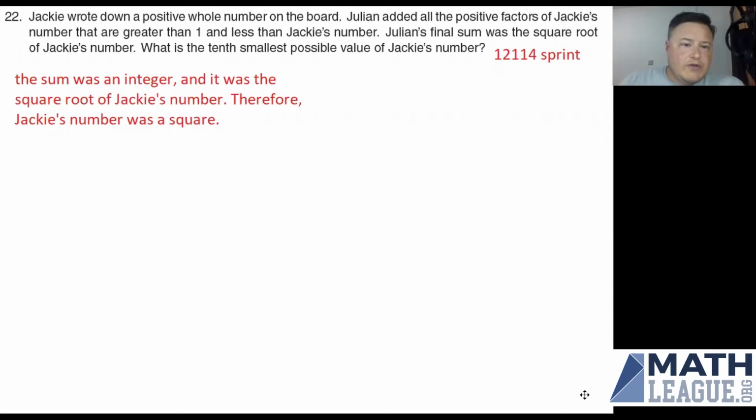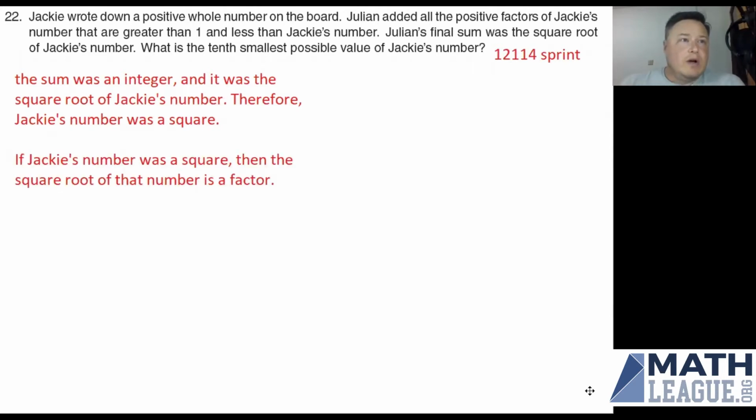So first off, if the sum was an integer and it was the square root of Jackie's number, we were told that in the problem, then Jackie's number has to be a square. Okay, so if Jackie's number has to be a square, what else do we know? Well, anytime you have a square, its square root is also a factor, right? So 81, 9 is a factor of 81. 225, 15 is a factor of 225.